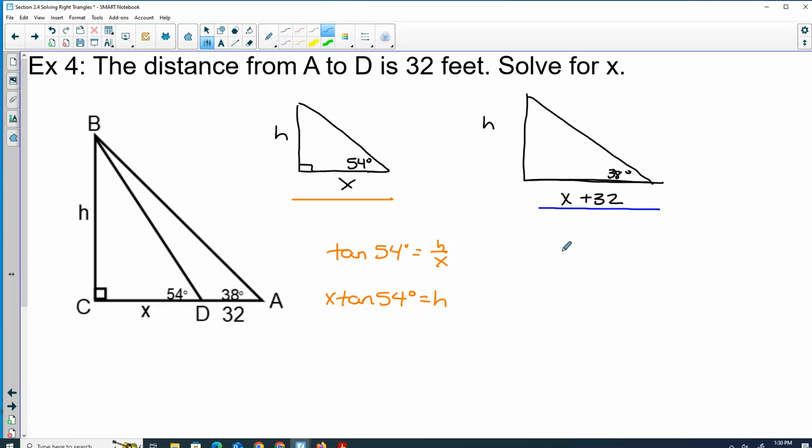So if I go to the other triangle, we could do the same thing. The tangent of 38 degrees equals my opposite side, H, over my adjacent side, X plus 32. So you would multiply over your X plus 32.